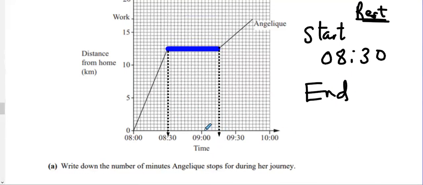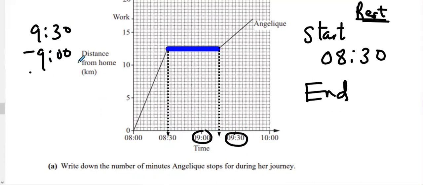So we need to calculate each small line equals how many minutes. In order to calculate that, you take this number here, which is 9:30, and subtract this number here, which is 9:00. So you'll get 30.